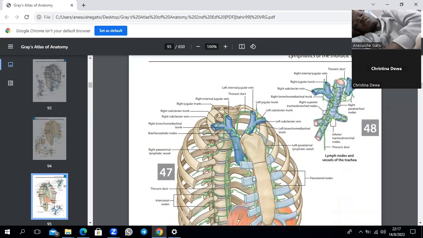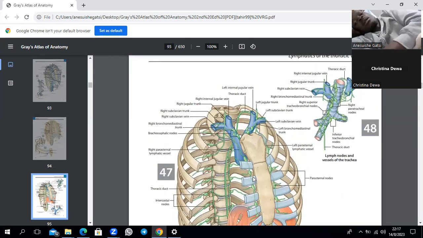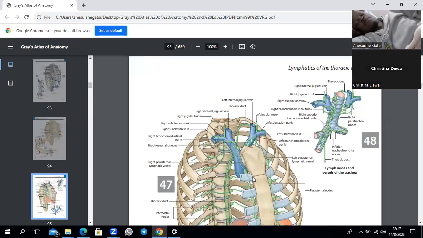And lymphatics of the thoracic wall, just know that ultimately on your left side for the thorax, it goes to the thoracic duct. The thoracic duct that I said passes through the aortic opening. So if you don't want to forget, the thoracic duct drains all the lymph from the lower limb, the pelvis and the perineum, the abdomen, then the left thorax, left upper limb, and the left head and neck.